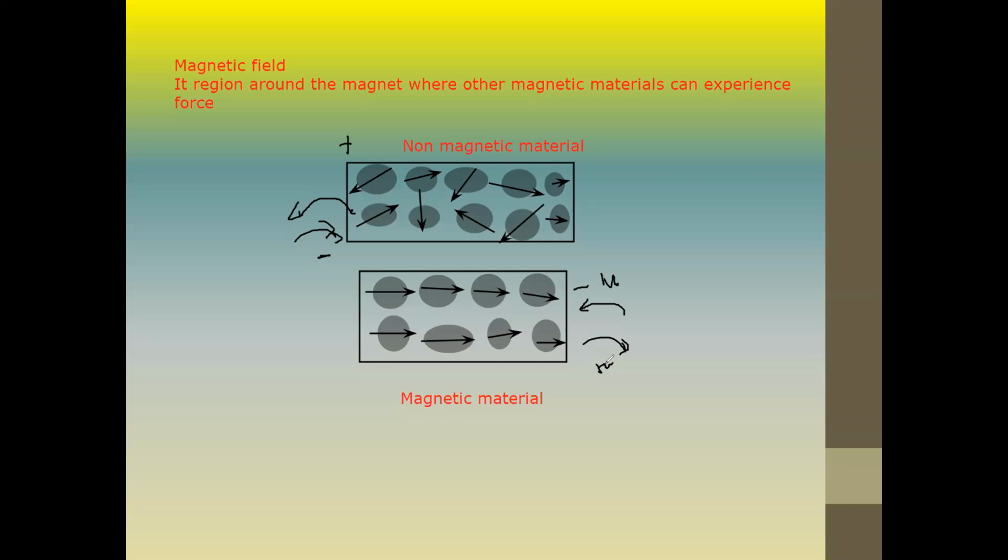Both possibilities are there. Is it clear? Basically, magnetism is due to the particles which are inside the atom. They produce a magnetic field.